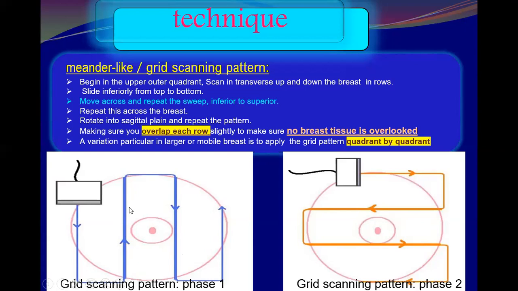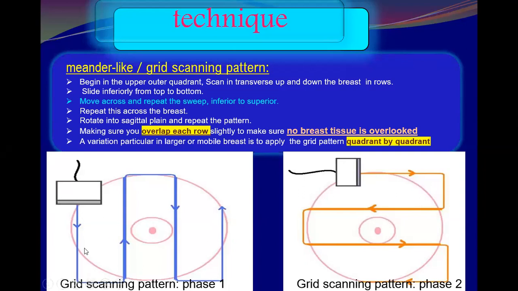When you complete up and down transversely, just rotate your probe or the transducer perpendicular to the first and scan in longitudinal direction. Go like this from right to left, transversely, also overlapping.